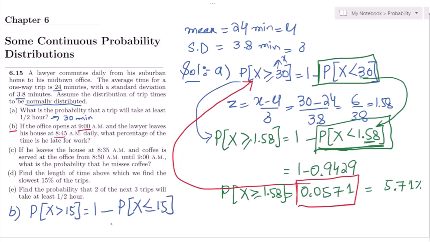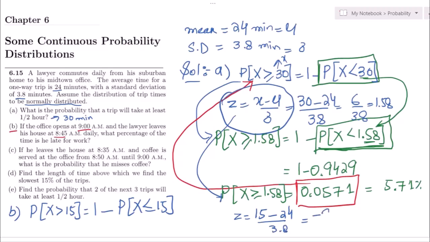Again, this is the value of x, and we have to convert it to z by using the same formula. So z is equal to x, which is 15, minus mu, which is 24, divided by 3.8.